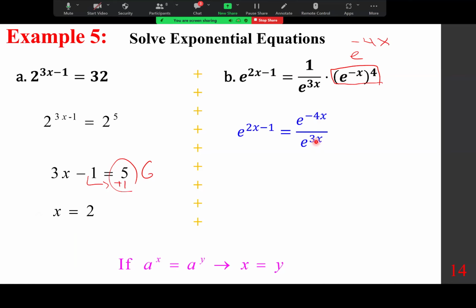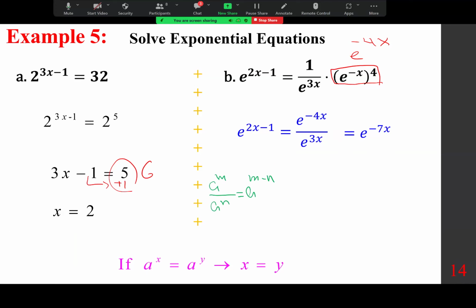you are going to subtract 3x from minus 4x. This is the exponential rule. Minus 4x minus 3x becomes minus 7x. I hope everybody remembers that. This is the quotient rule. That's what I'm using here.